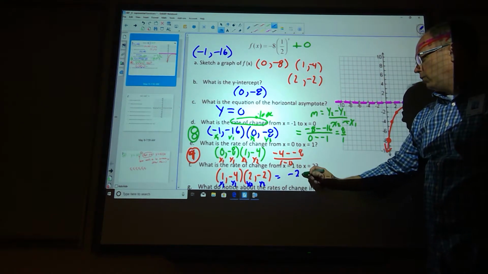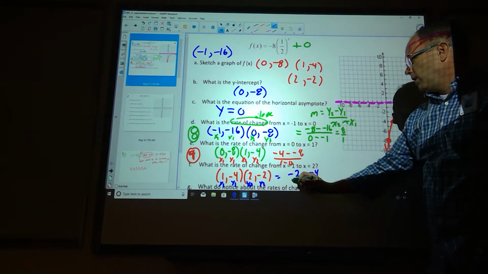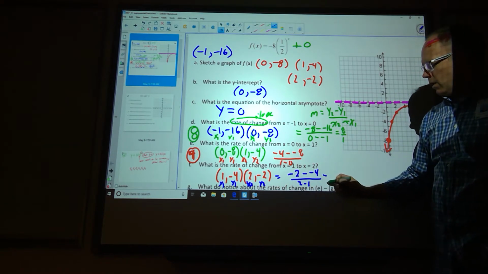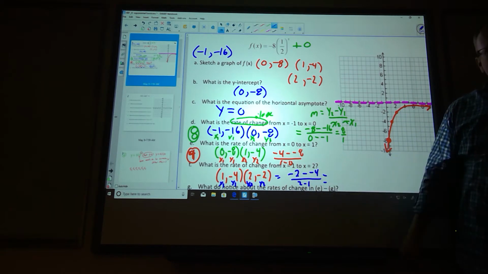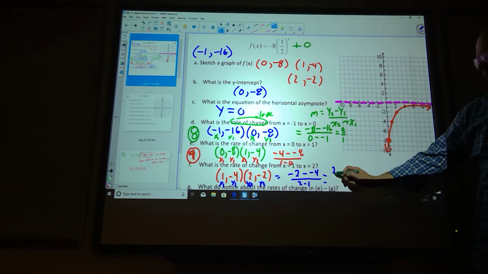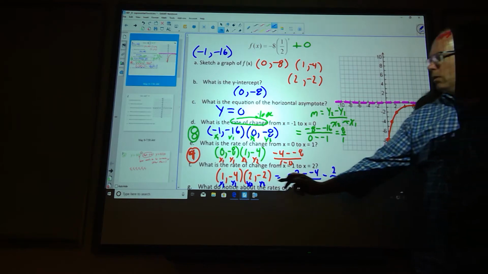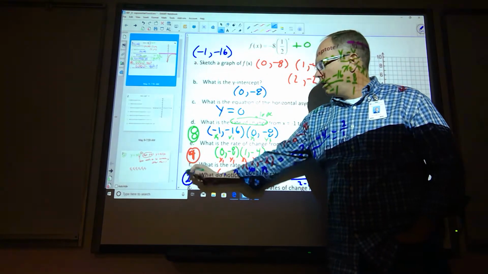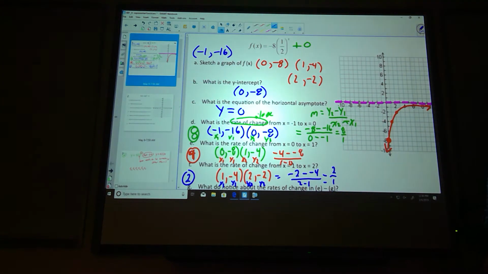So I have -2 minus -4 and 2 minus 1. What's the negative do? Positive. So -2 plus 4 is 2. 2 over 1 is 2. Does the slope change? So the rate of change is happening.